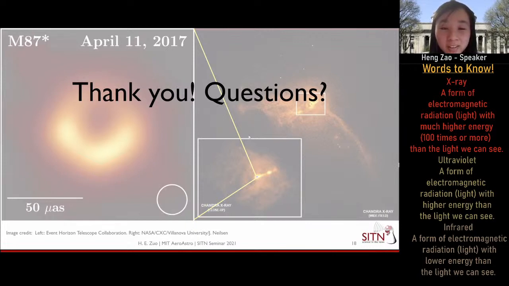What are the mirrors made of, and what are they coated with? Oh, that's a very good question. Originally, for Chandra, the mirrors are made with a type of ceramic called Zerodur. The way they do it is they grind and polish it, but you can't really grind and polish to achieve a very thin thickness. That's why the mirrors are so thick, if you remember from the previous image.